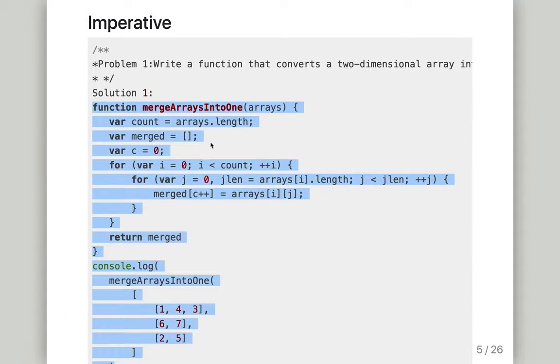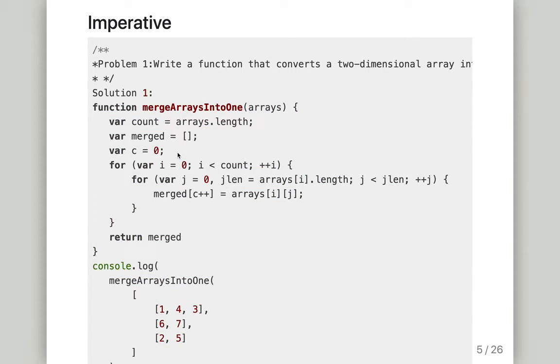First let's check what is wrong here, what we can improve. If you see here, for running this code there are multiple issues. We created some state variables, something like count and merged, which are inside the function, so it's not going to impact anything.